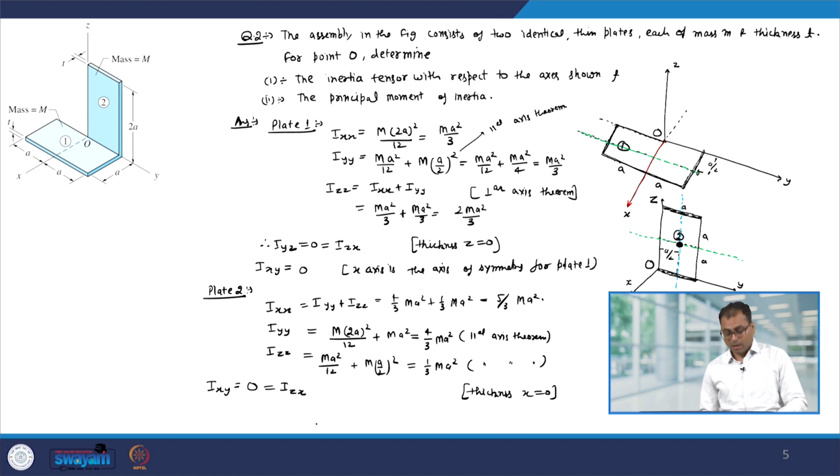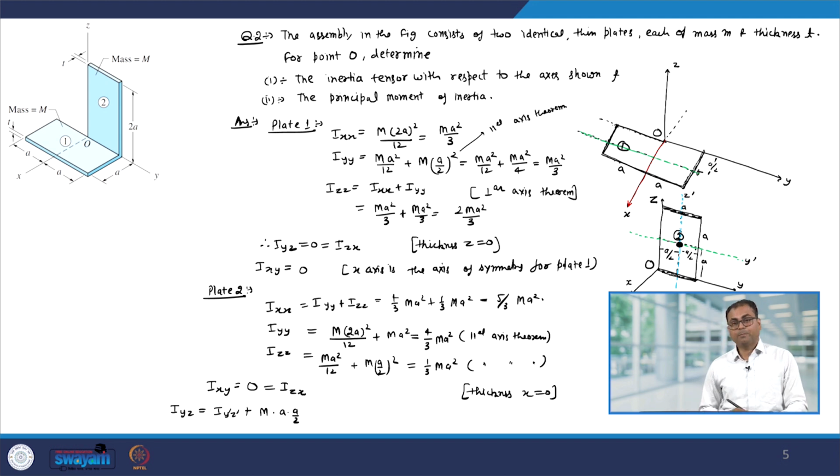Okay. Now, let us calculate Iyz, and for that I can use the parallel axis theorem. So, Iyz will be equal to, let us say this axis is y prime and this axis is z prime. So, that will be equal to Iy'z' plus, from the parallel axis theorem, I can say m into a into a by 2, because this is a and this is a by 2.